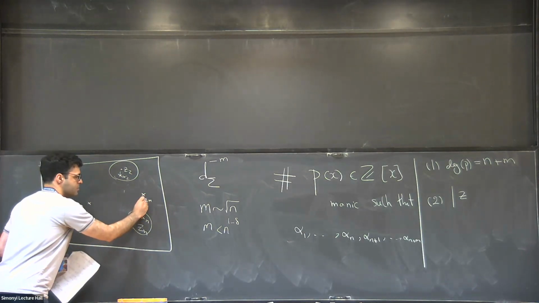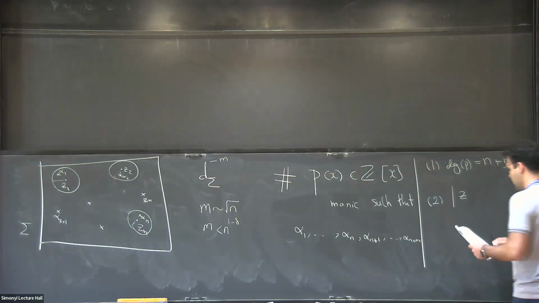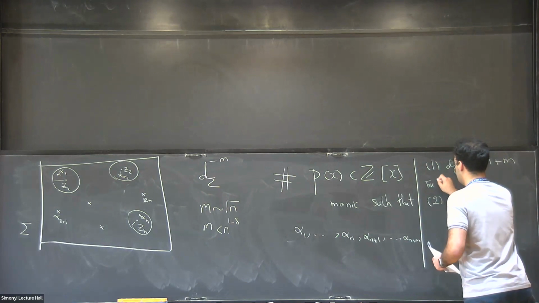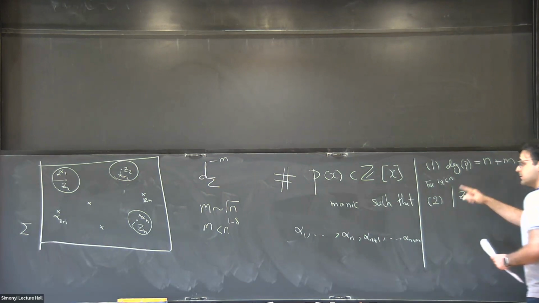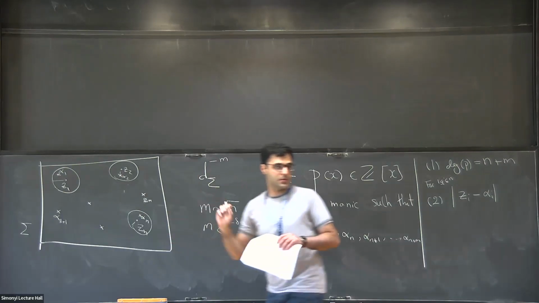So the second condition is that for i between 1 and n, the roots have to be inside these exponentially small balls, so one root in each small ball.